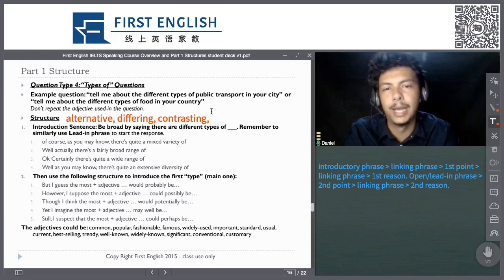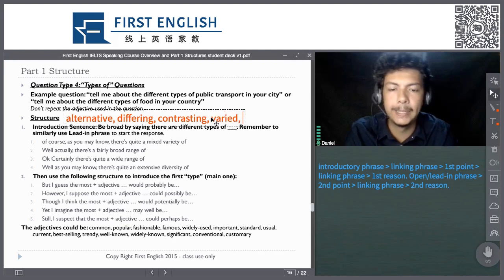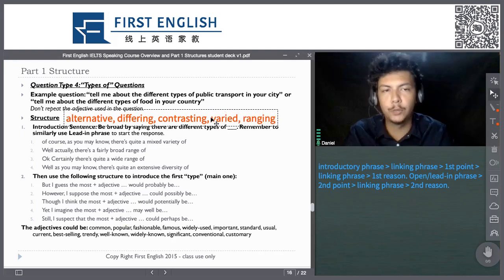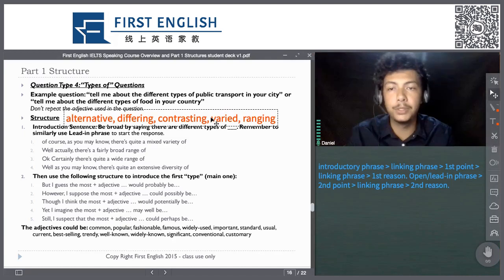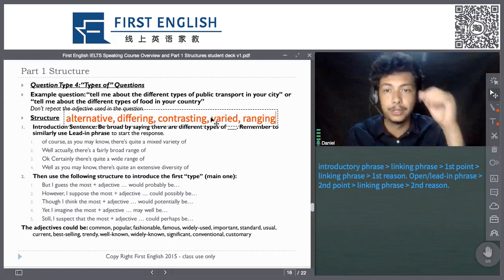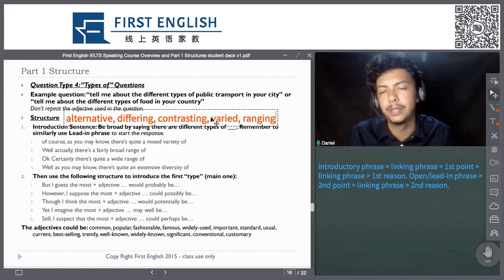What are some other ones? Some other examples could be varied, ranging, so on and so forth. So these are all synonyms to different. And when using the same or similar adjective in your answer, you want to try to use some of that alternative phrasing. You don't want to necessarily just repeat or be too redundant in using the exact same adjective.